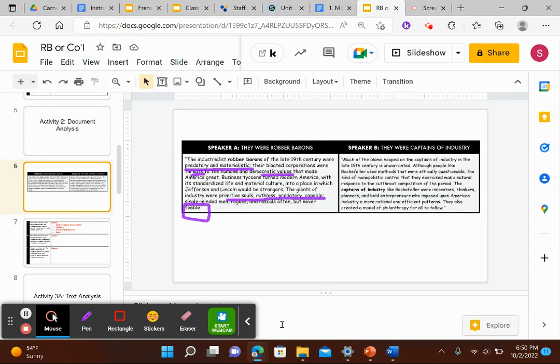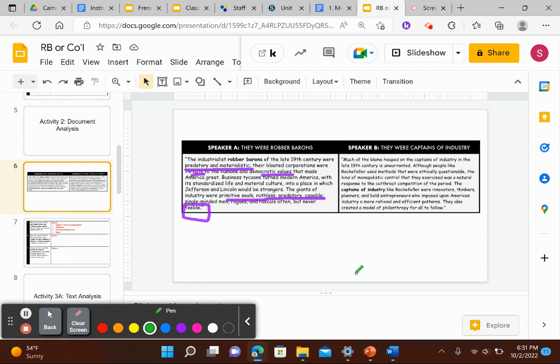Okay, let's go back here. And this time, let's use green. All right. So, Speaker B, they were captains of industry. Much of the blame heaped on the captains of industry in the late 19th century is unwarranted. Although people like Rockefeller used methods that were ethically questionable, the kind of monopolistic control that they exercised was a natural response to the cutthroat competition of the period.